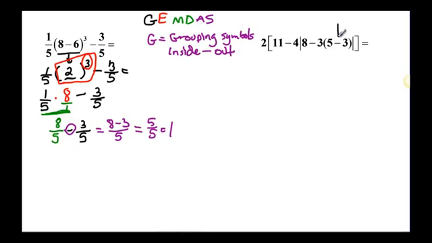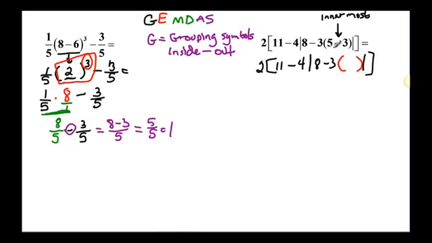The parentheses are the innermost. Okay? So we have to do that part first. So 2, and then 11 minus 4, absolute value 8, minus 3, and then just so that you can see that that's what we're doing right now, I'm going to do that in red, and then absolute value and bracket.